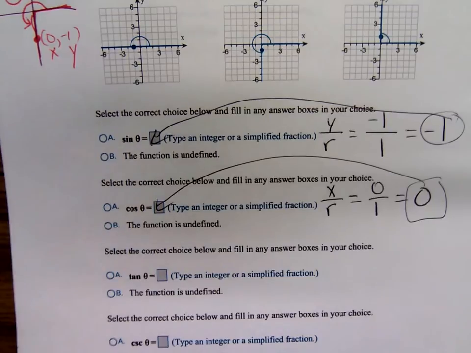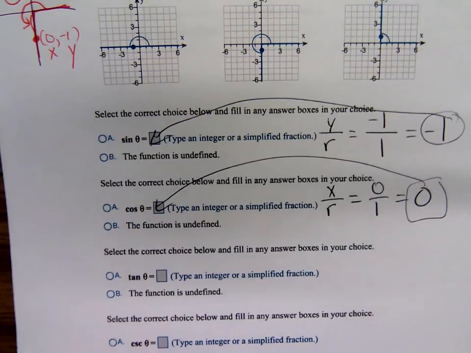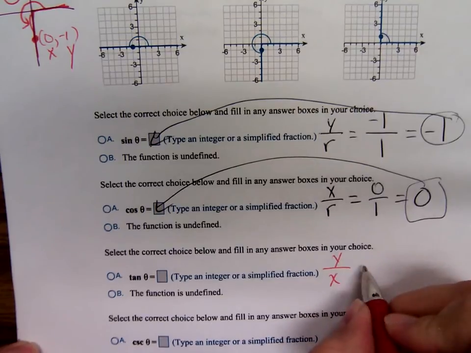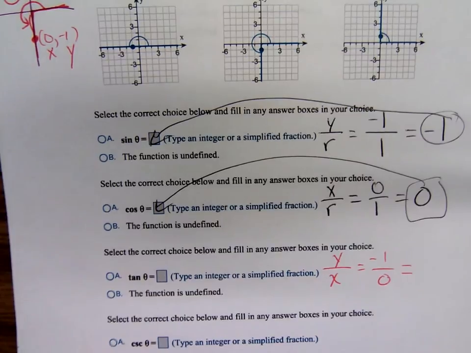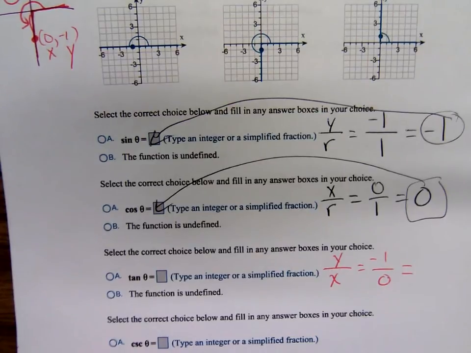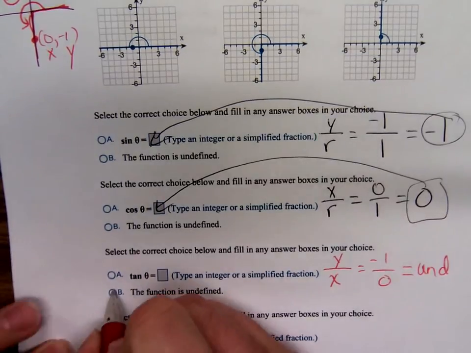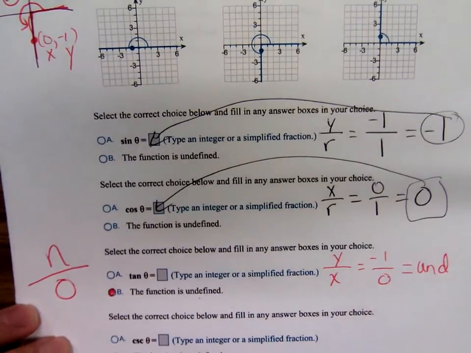You might start noticing how it always gives you those options about undefined. Well, let's see. Tangent is y over x, -1 over 0. From algebra, you probably remember number over 0 is undefined, and that's right. -1 over 0 is undefined. All right, U and D, that's when you choose this. So undefined is when you're getting a number over 0. It spells no. Okay?